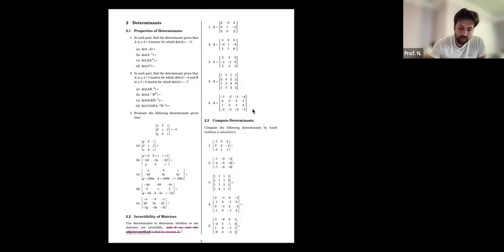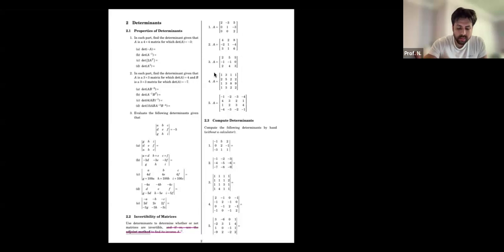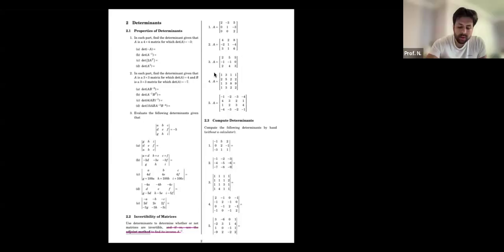Can we do number 2 part C, determinants? Number 2 part C, of which section? Determinants has properties of determinants, invertibility of matrices. Oh yeah, 2.1 part C.